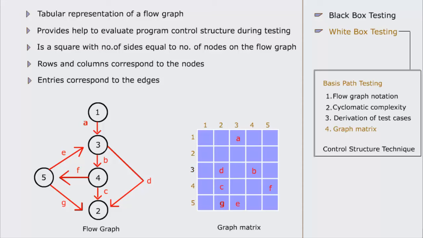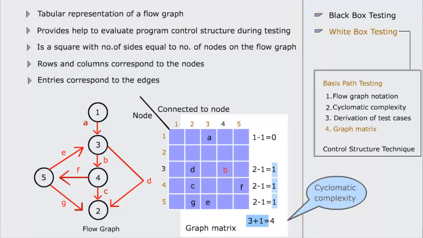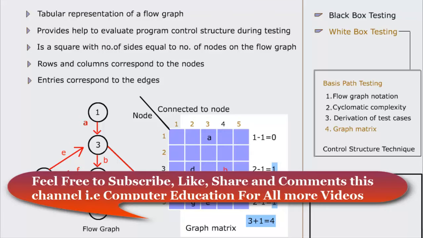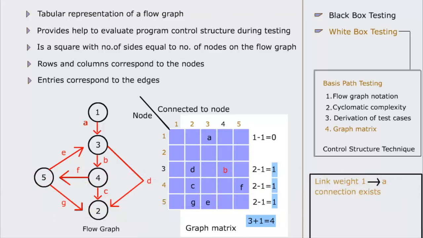For example, node 3 is connected to node 4 by edge B. We can also show link weights in the matrix appearing on the screen. In this matrix, the link weight 1 shows that a connection exists and 0 shows that a connection does not exist. Represented in this form, the graph matrix is called a connection matrix.